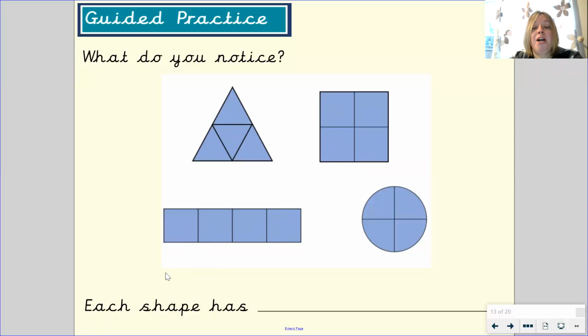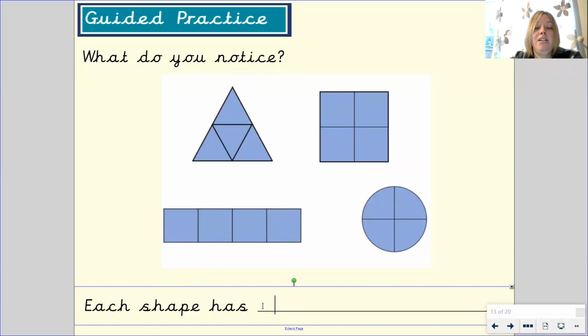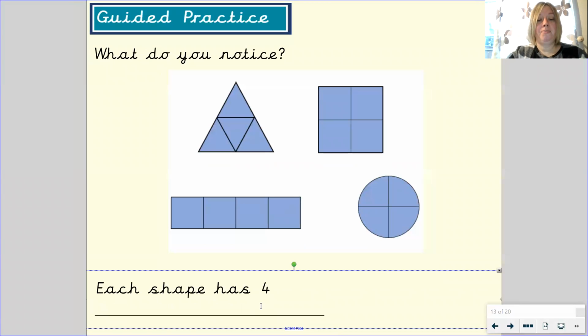So the rectangle has 4 equal parts. Now let's look at the circle. How many equal parts does the circle have? Count with me. 1, 2, 3, 4. So we could finish our sentence by saying each shape has 4 equal parts.